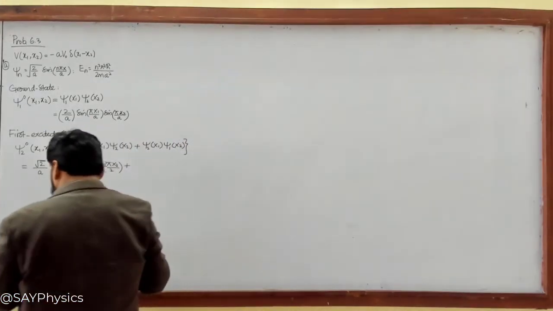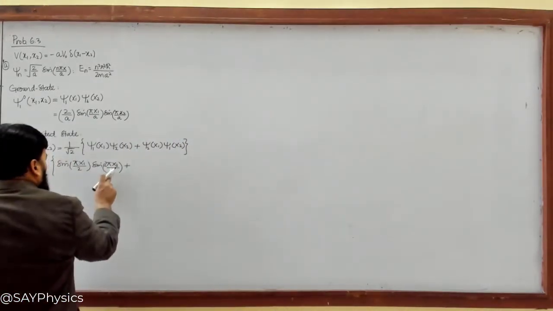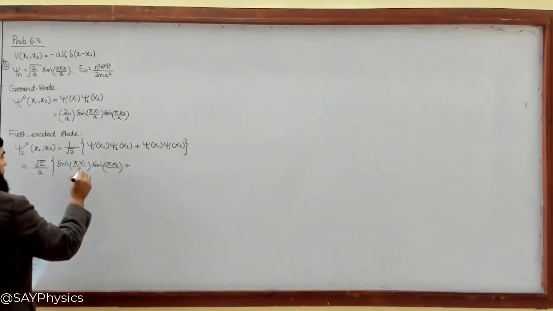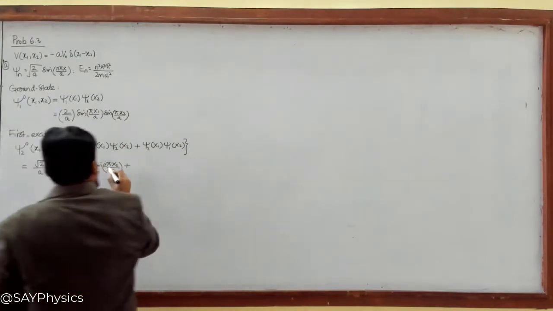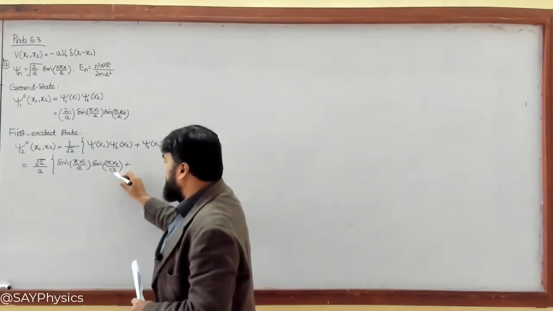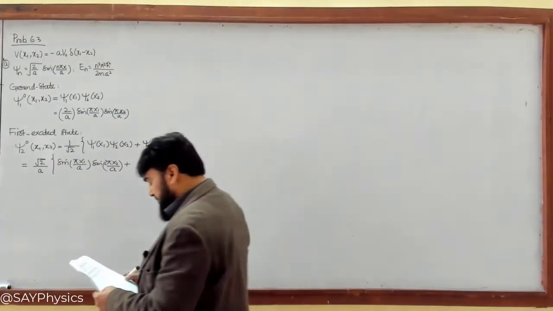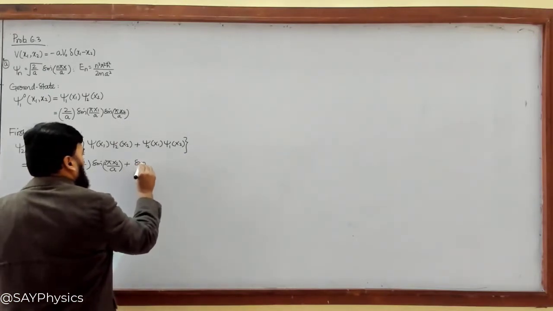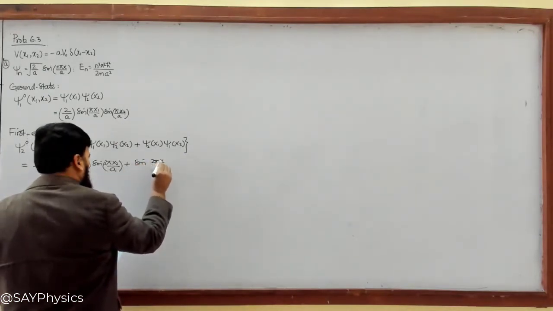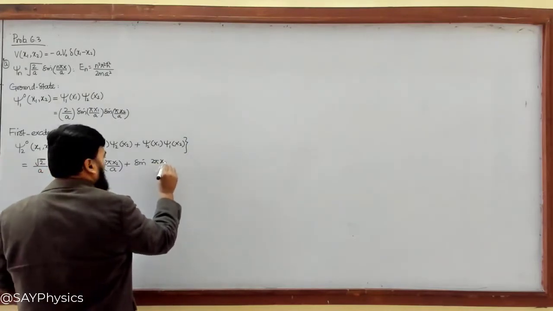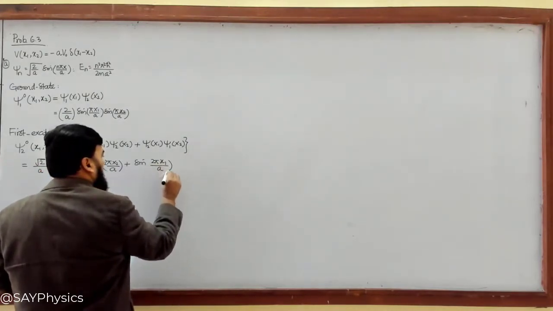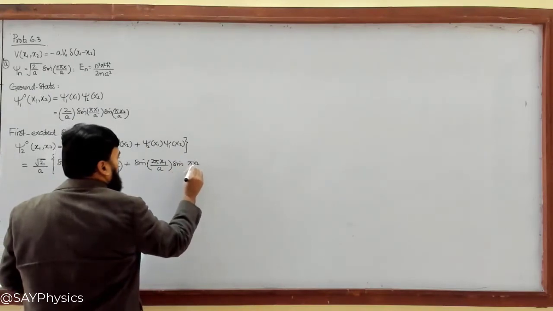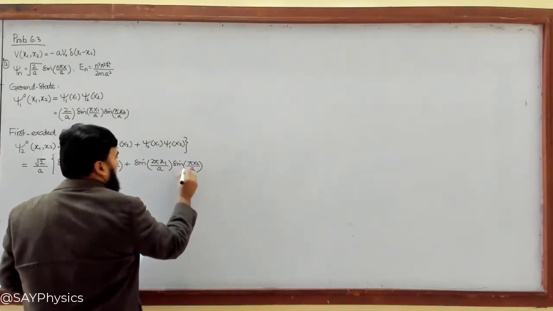So 2 pi over this one is a, not 2. This is a and this is a. So 2 pi x2 over a, and plus sine 2 pi x1 over a and sine pi x2 over a.